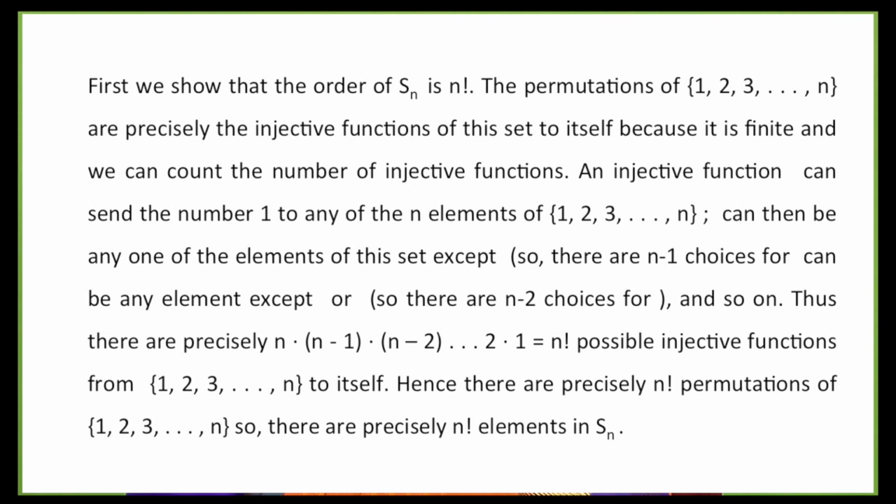An injective function sigma can send the number 1 to any of the n elements of 1, 2, 3, up to n. Sigma of 2 can then be any element except sigma of 1.